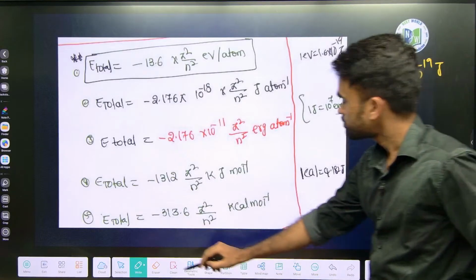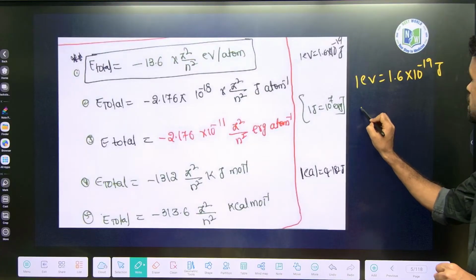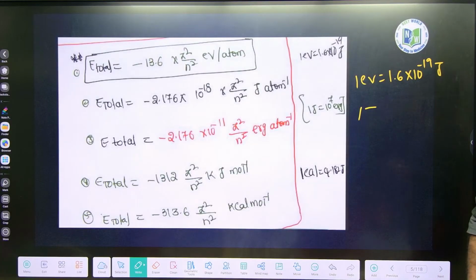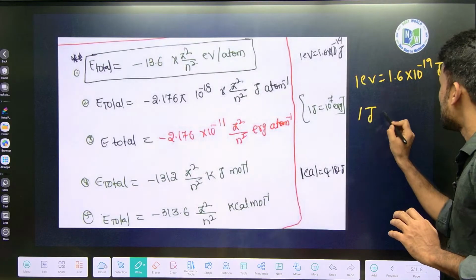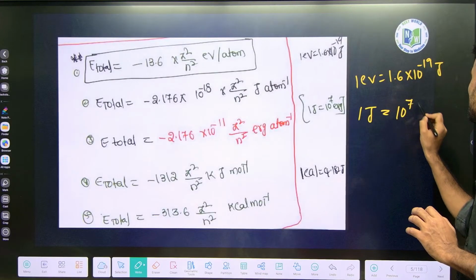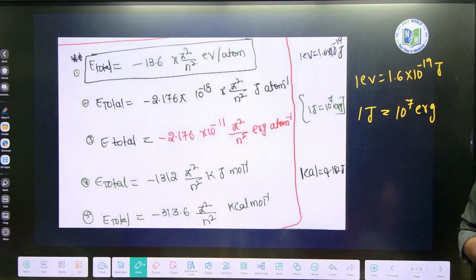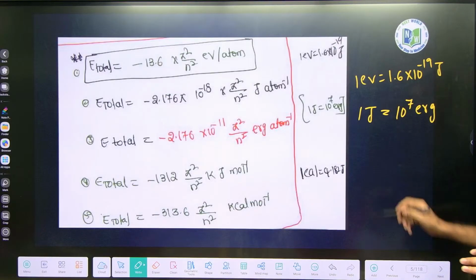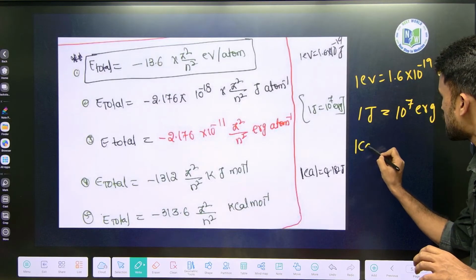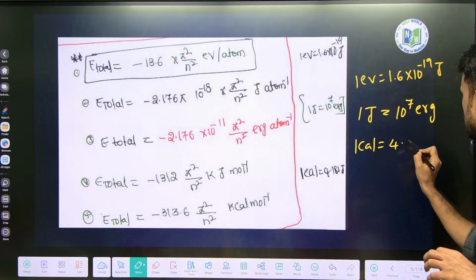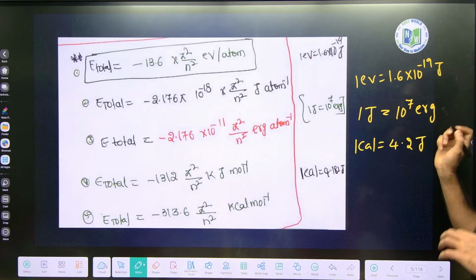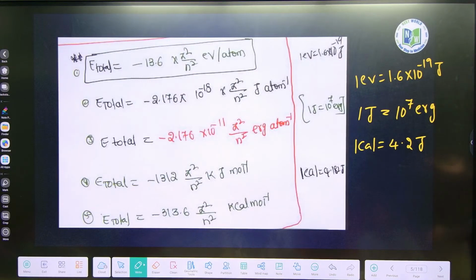Next one, 1 joule is equal to 10 power 7 ergs. Next, in calories, 1 calorie is equal to 4.2 joules. So you just remember this relation.